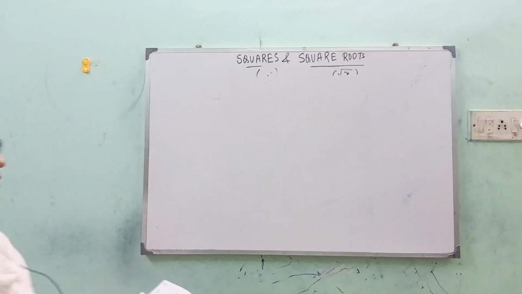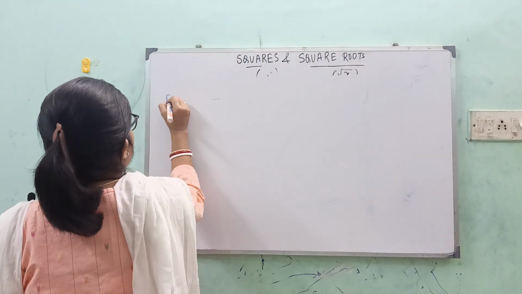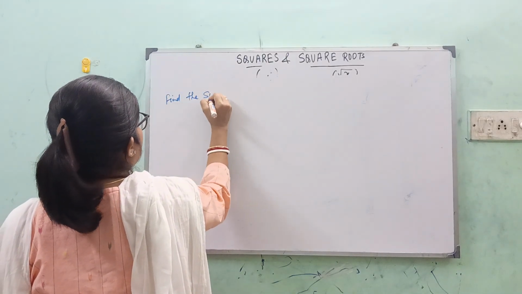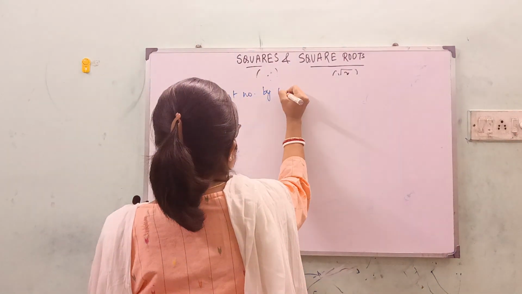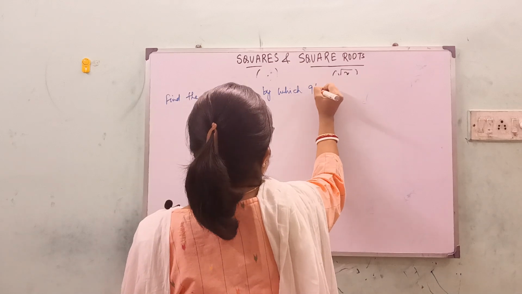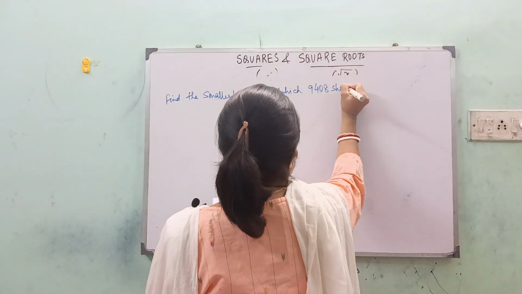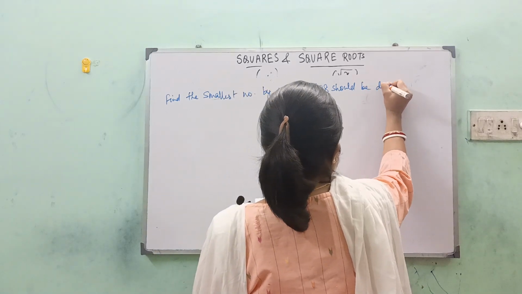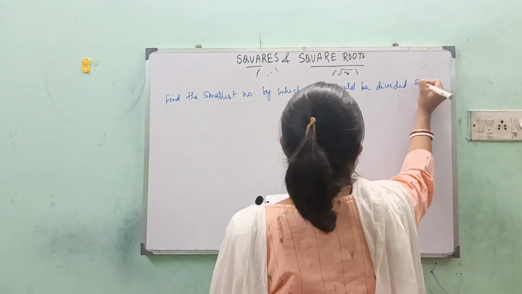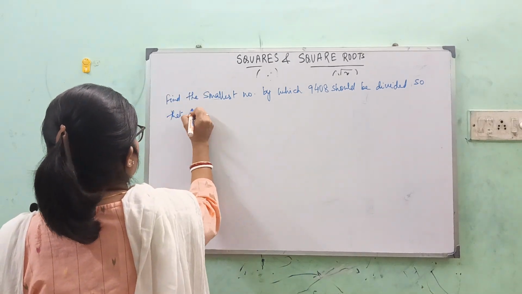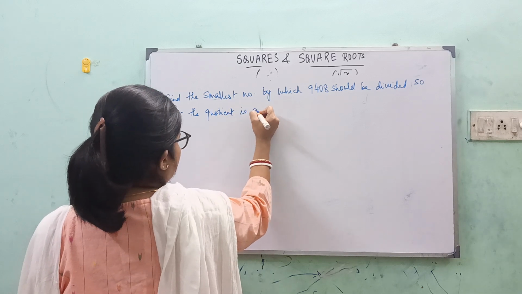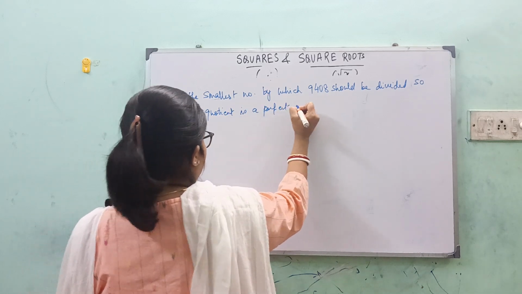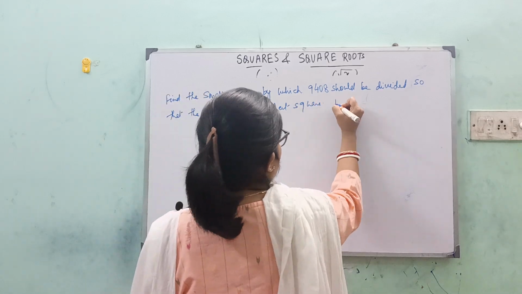Now, a little question. Find the smallest number by which 9408 should be divided so that the quotient is a perfect square.